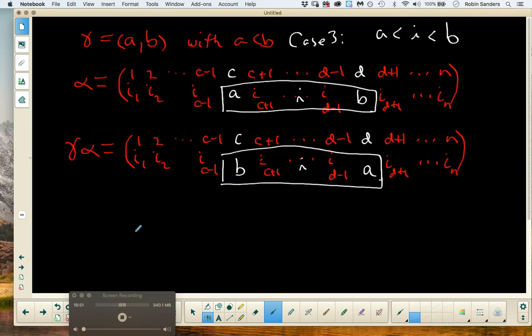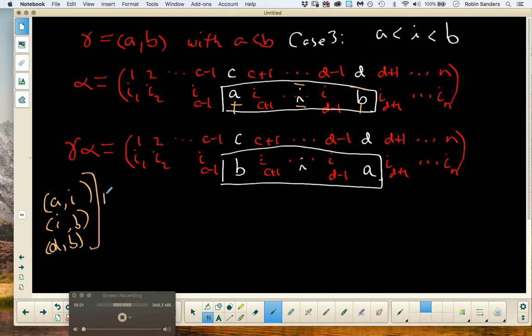Now, what I want to be thinking of here is that we have with A and I, that is not an inversion. And I and B is not an inversion. And A and B is not an inversion. There are no inversions, AI, IB, and AB.